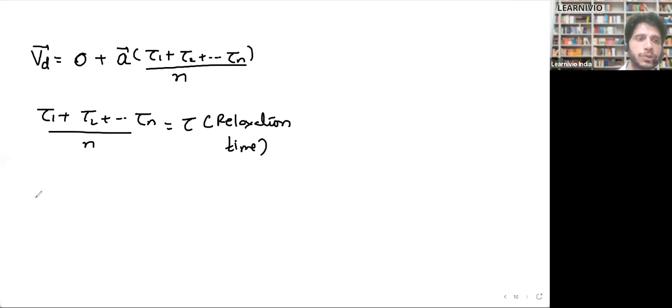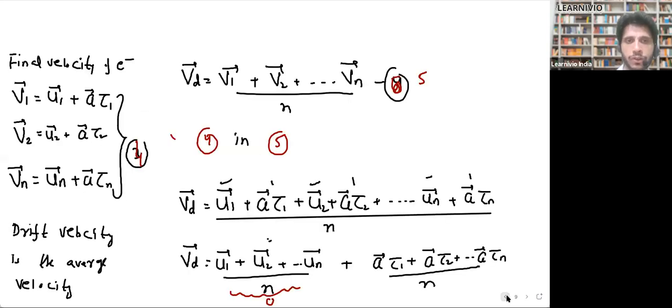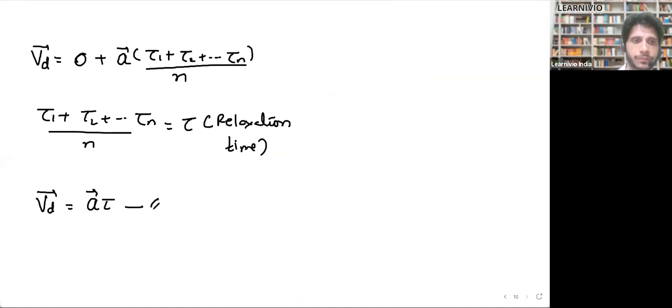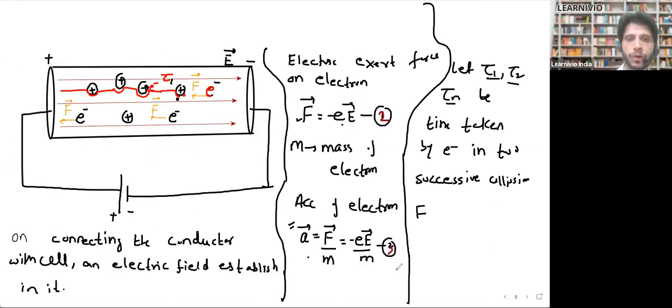When I do this substitution, we get that drift velocity is a tau. Let's call this equation number 6. The value of a we can substitute from equation 3.